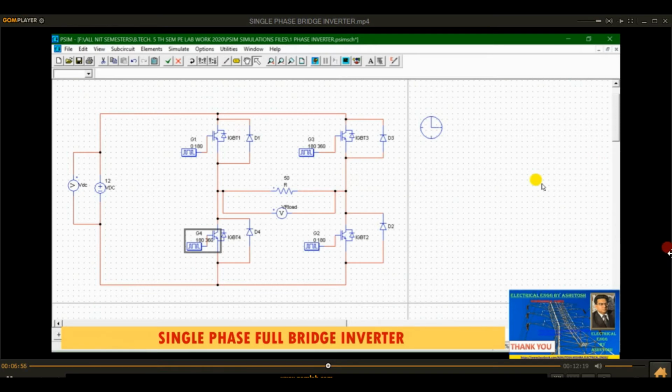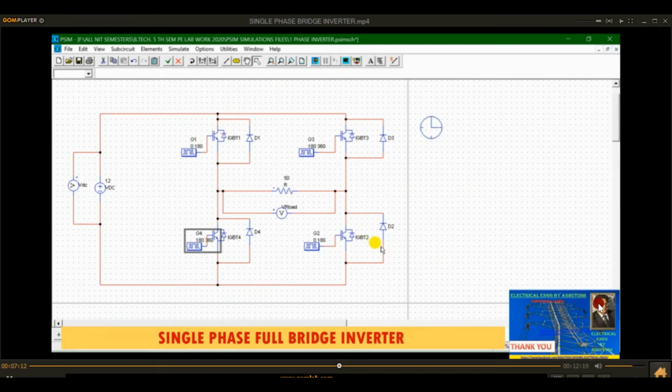We know the complete cycle of AC is from 0 degree up to 360 degree. So for the first half cycle from 0 degree up to 180 degree, these two thyristors conduct.